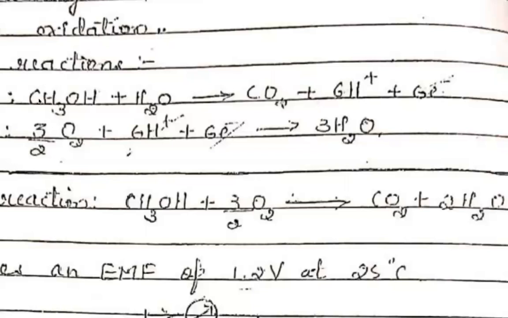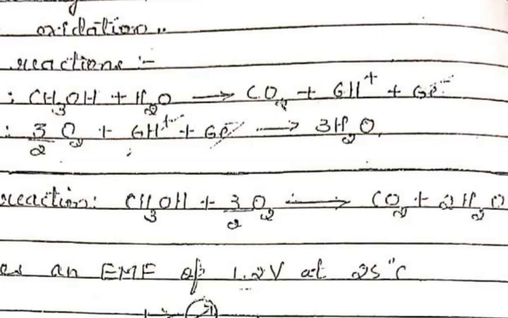What is the oxidation product of methanol? Methanol is an alcohol. Alcohol on oxidation will first give us an aldehyde, and with further oxidation, it will give us carbon dioxide. So methanol will first give us formaldehyde, and formaldehyde on further oxidation will give us carbon dioxide. Here I'm showing directly that methanol is going to give us carbon dioxide.